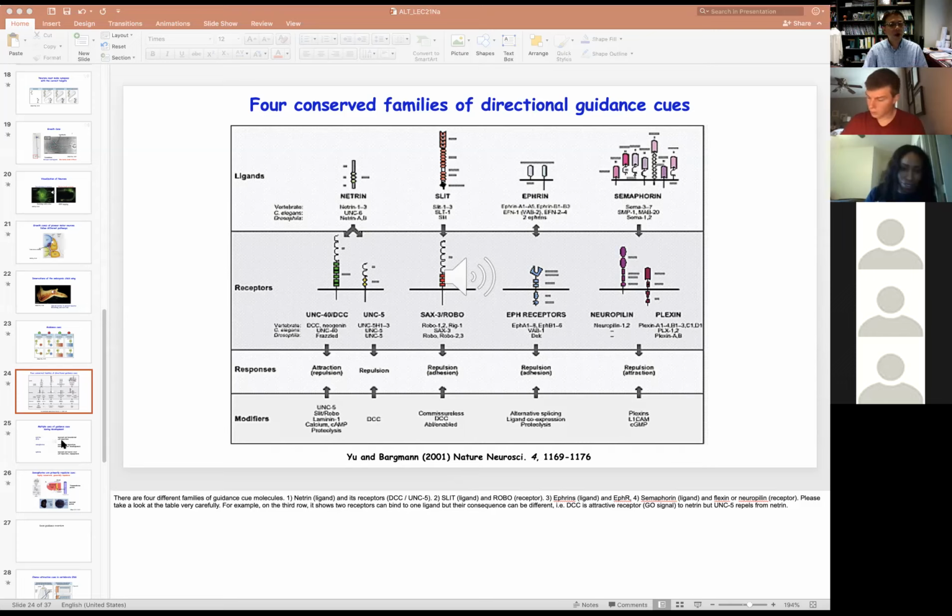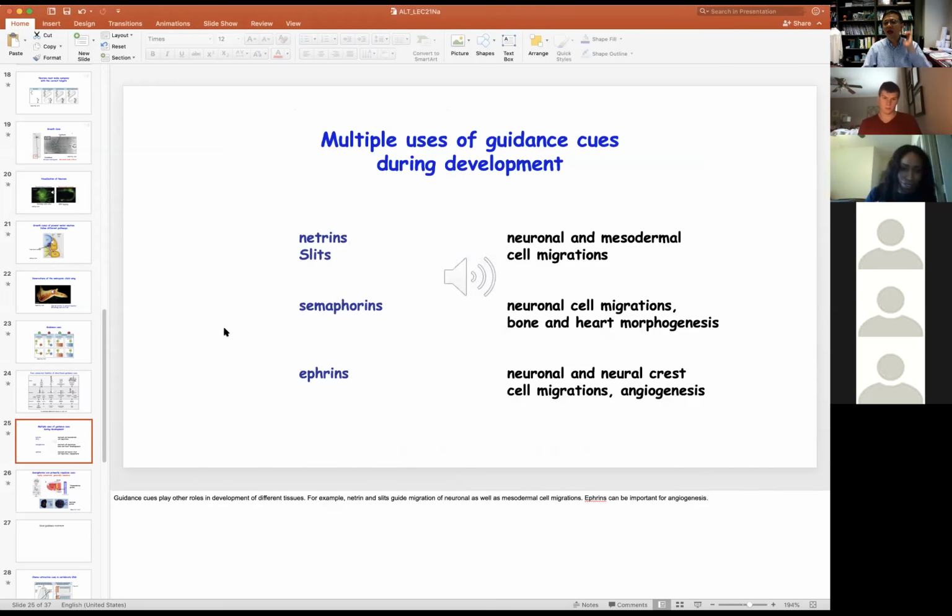Okay, so next, those guidance cues that I listed in there. Look at this. They're not only important for neuronal cell migration, but also for mesoderm cell migration. The neuronal cell migration example with semaphorin that we are going to see is a repulsive signal. But semaphorin is also very important in bone and heart morphogenesis.